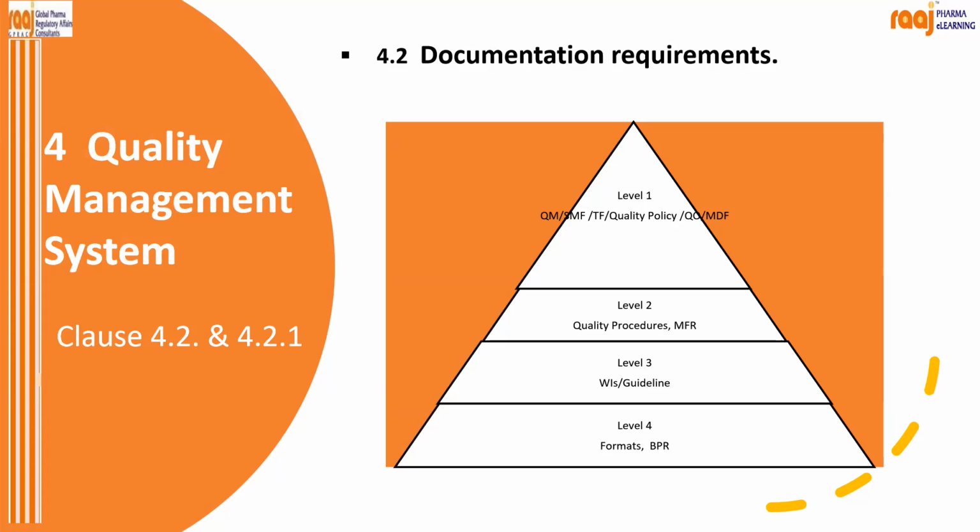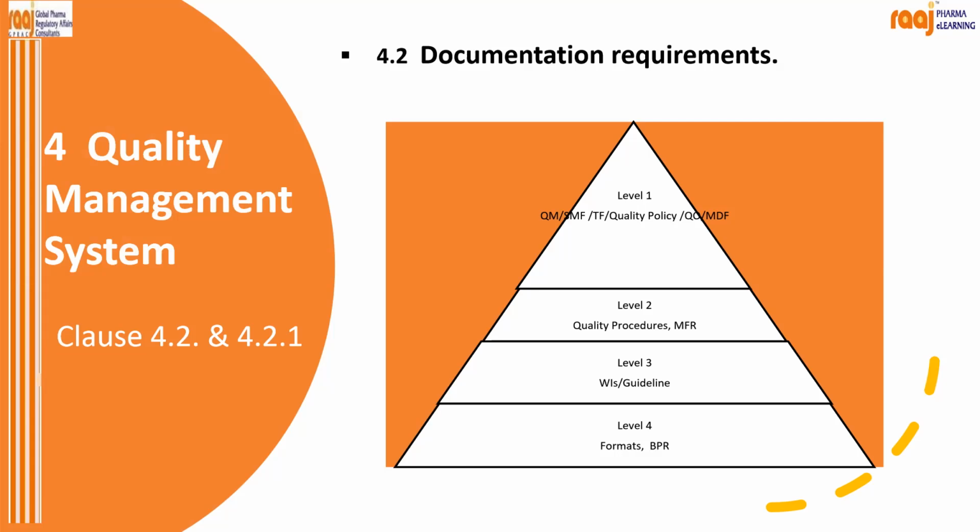Then work instructions, inspection and guidelines. There will be many. Then level 4 is your forms, formats, batch processing records. All the records go under level 4. So you can see, like this triangle.